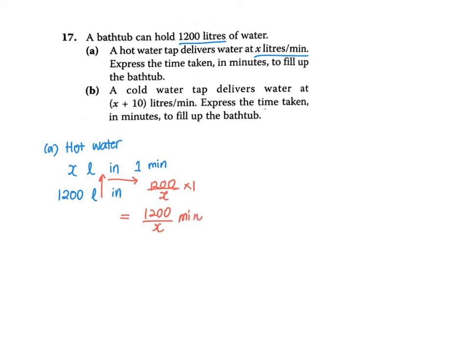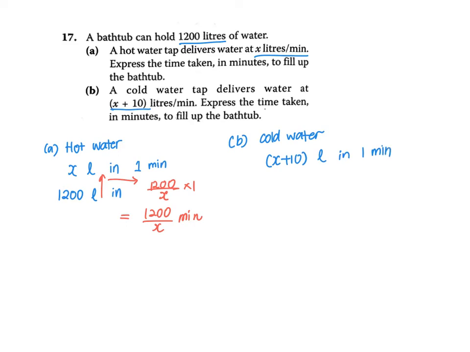Okay. For a cold water tap, it delivers water at a rate of x plus 10 liters per minute. So that means I will have x plus 10 liters in 1 minute.